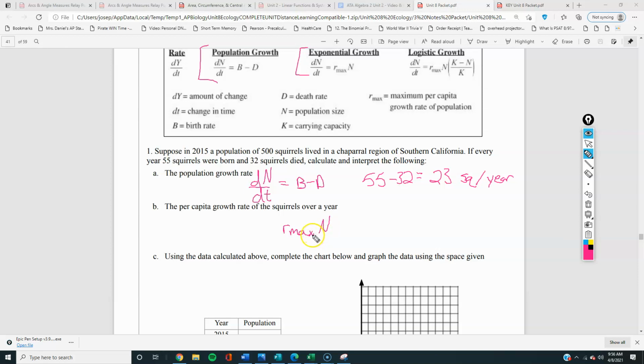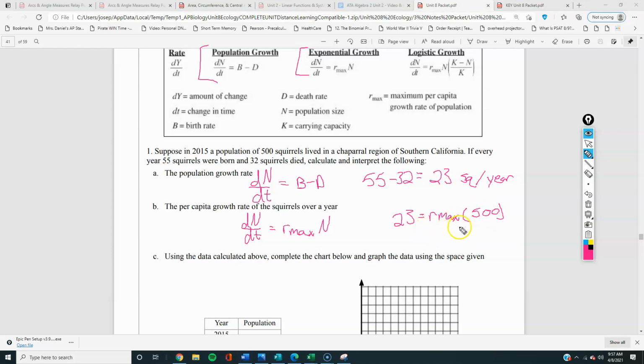So now our r max. When we know our rate of growth, our dN over dt, we know our N. Let's find this growth rate per capita style. So our dN over dt is 23, equal to r max times N, which is 500.